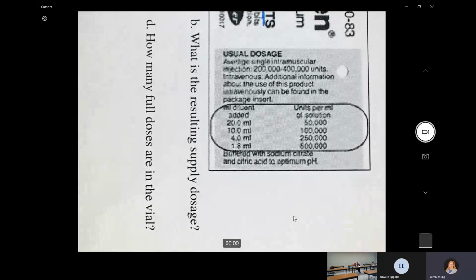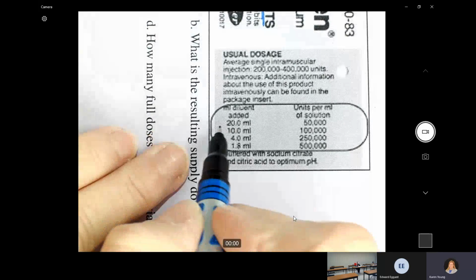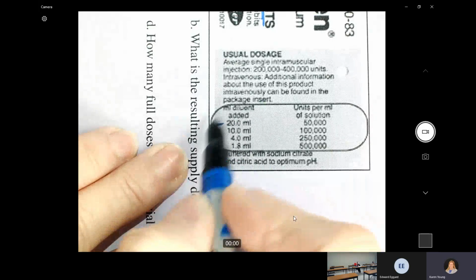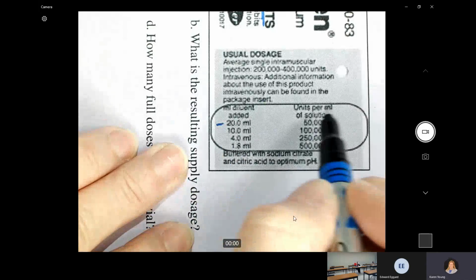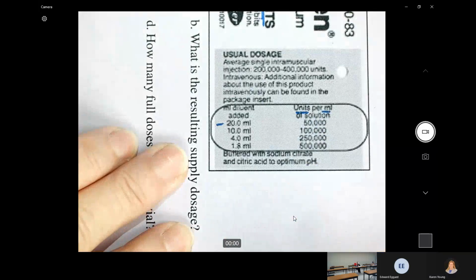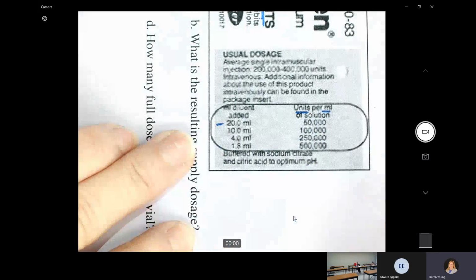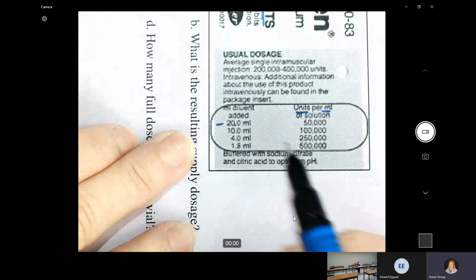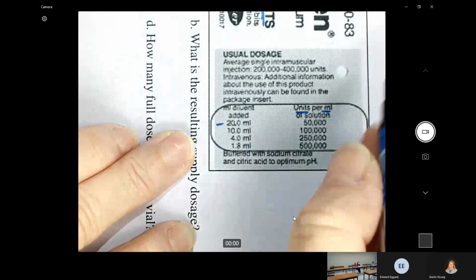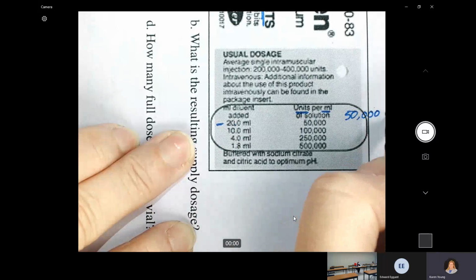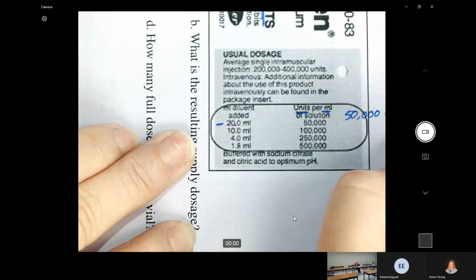Is that if I were to add 20 milliliters of diluent, so this side is all my diluent, then I'm going to have so many units per milliliter. Okay, so if I added 20 milliliters, then I'm going to have 50,000 units per milliliter.